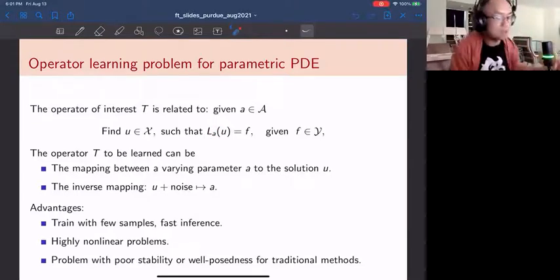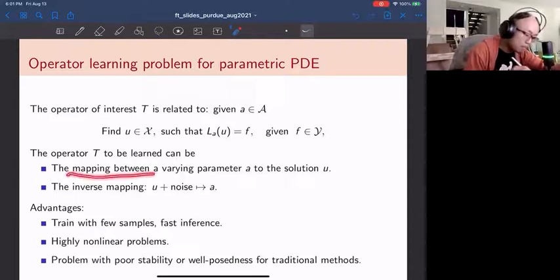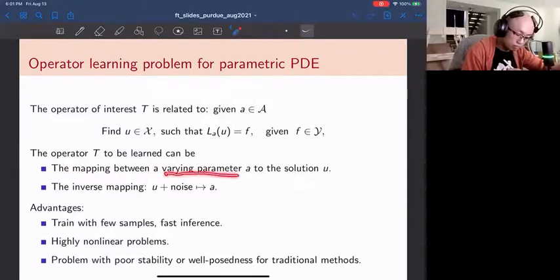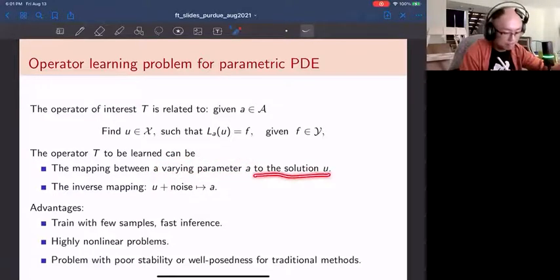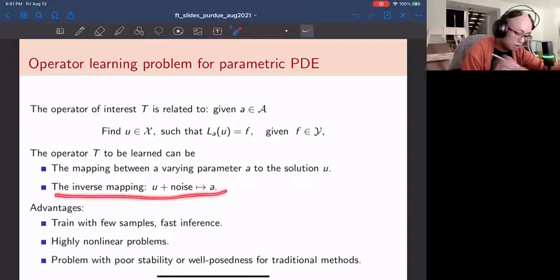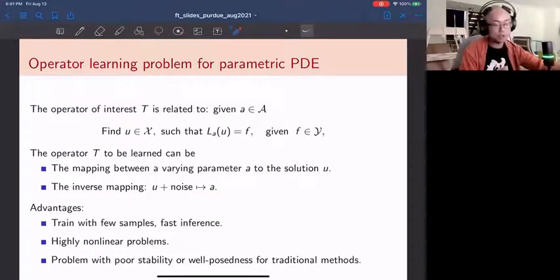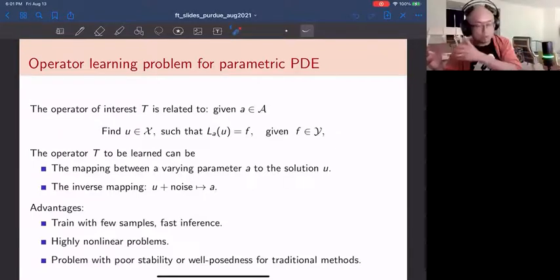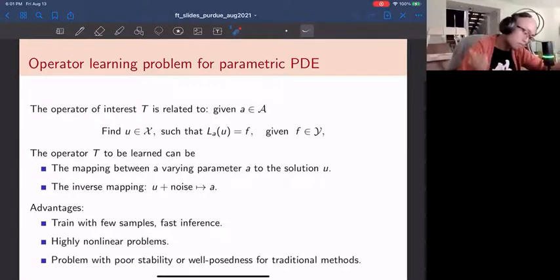A can be in a Banach space or Hilbert space or whatever. We want to learn a map, a data-driven method, so that we input an A, and the method gives a solution U. Another problem is when we have a measurement U, and we put in U and maybe some measurement noises, the model should give us back A.